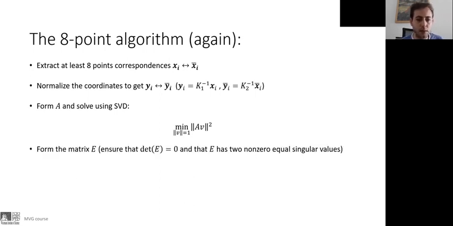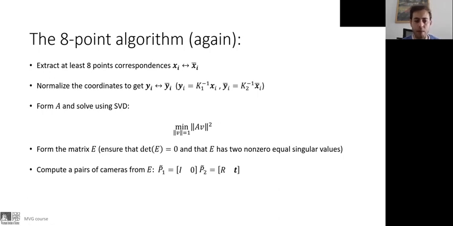And then we form a valid essential matrix by ensuring that the determinant of E is 0 and it has two non-zero equal singular values. And then it is possible to extract a pair of cameras from the essential matrix. We'll show it next.